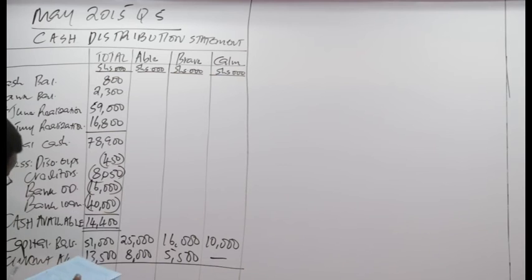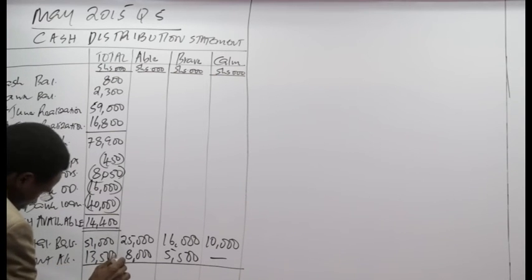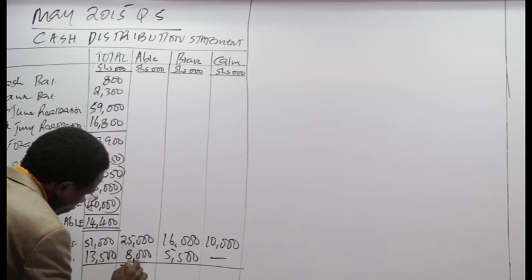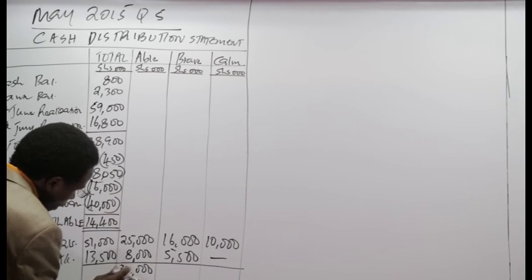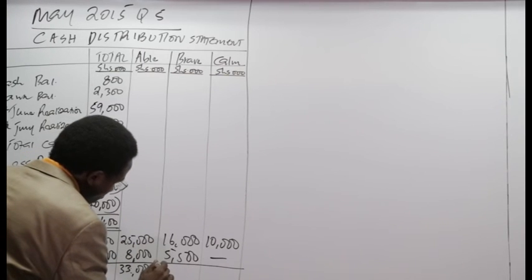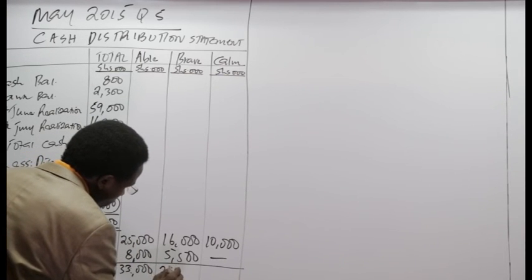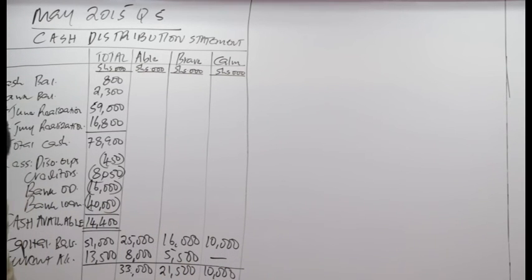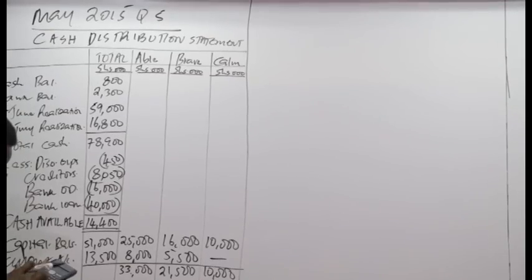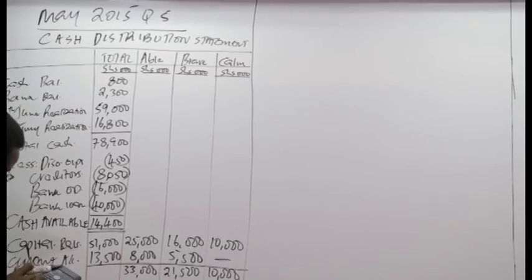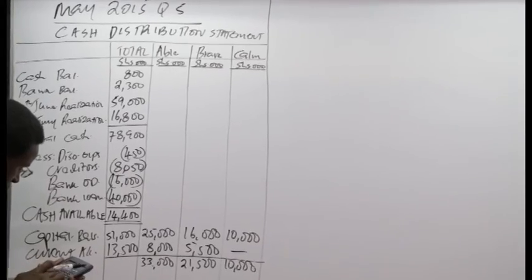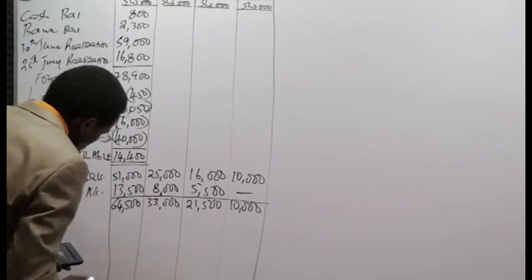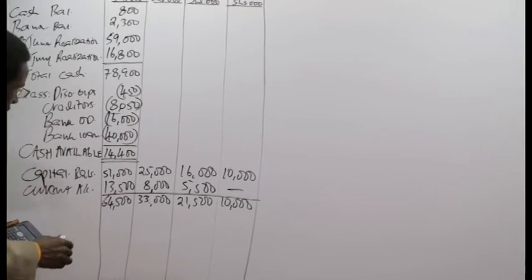So this comes to 33,000. This comes to 21,500. This comes to 10,000. And the total of which comes to 64,500.